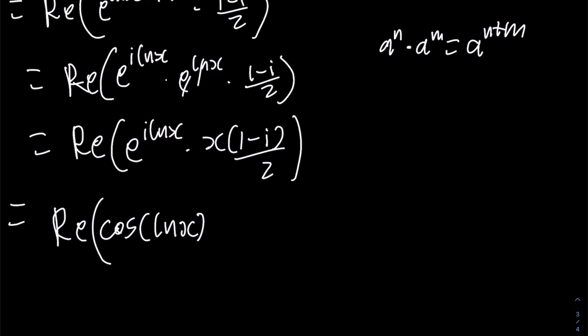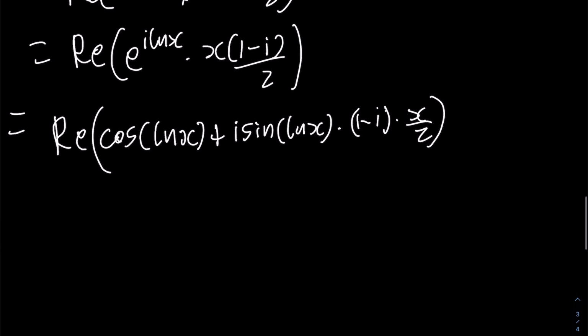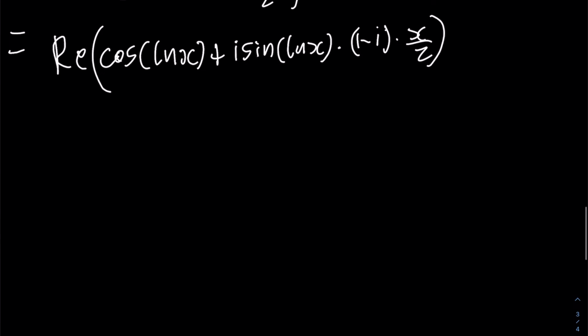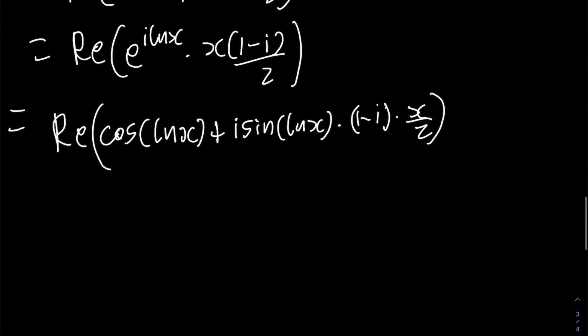So cosine of ln x plus the i sine of ln x, and I'll write this purposefully multiplied by 1 minus i all multiplied by x over 2, because of course that is the same thing, the laws of multiplication. We can just swap the order around with this number system.